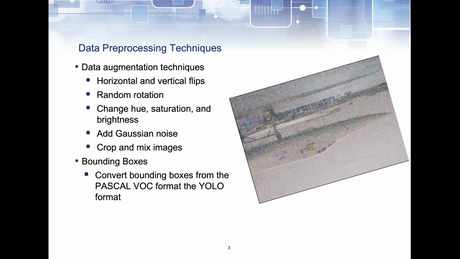You're getting all of this extra value for free. And along with that, for pre-processing, we had to convert the provided Pascal VOC format to the YOLO format, because, as you'll see in the next slides, we use YOLO.